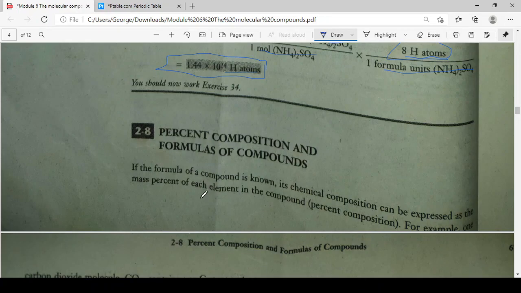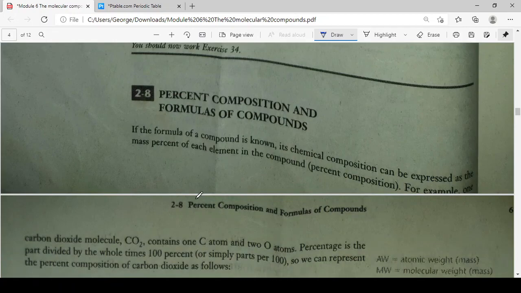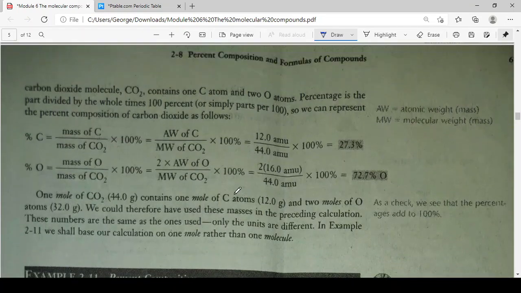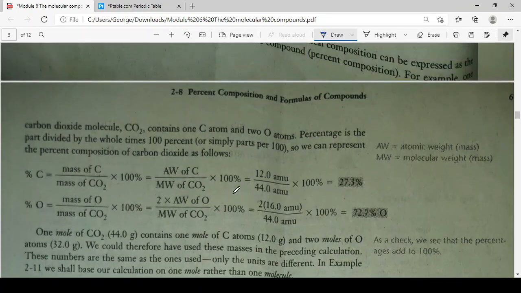Next, you have your percent composition and your formulas of your compounds. If the formula of a compound is known, its chemical composition can be expressed as the mass percent of each element in the compound, or its percent composition. For example, your carbon dioxide, which has a formula of CO2, contains 1 carbon atom and 2 oxygen atoms. Again, the subscript 2 is for your oxygen.